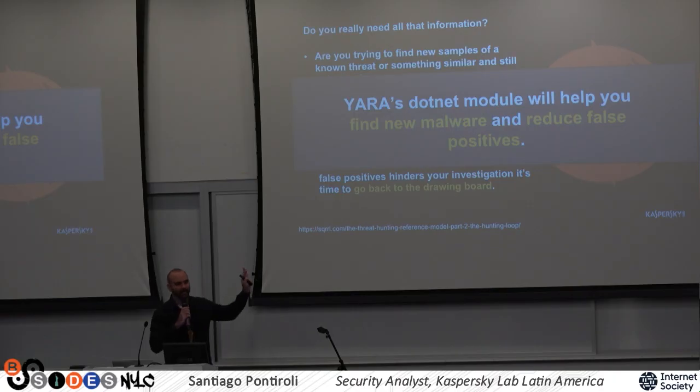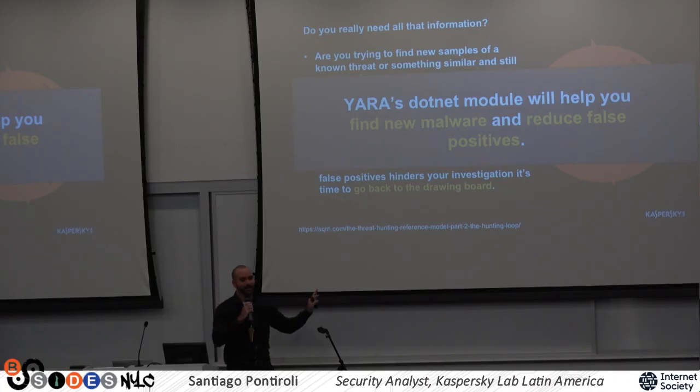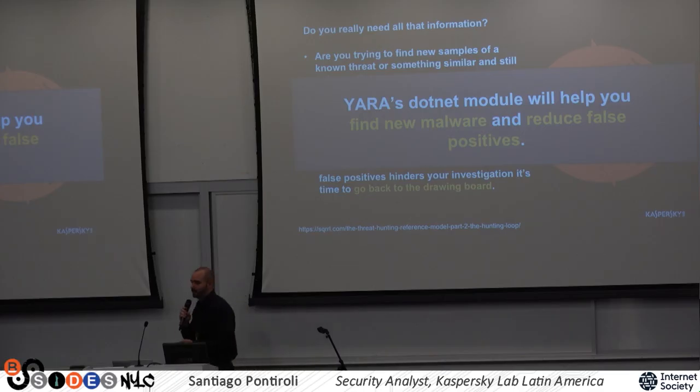And for me, using the .NET module is a good way to reduce false positives. In this case, as a training example, I use only this module. But in reality, I would use, of course, strings, if available, the file size, the PE header, any information I have to reduce the number of false positives.